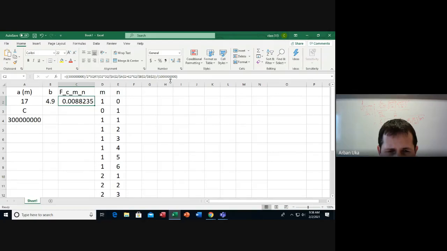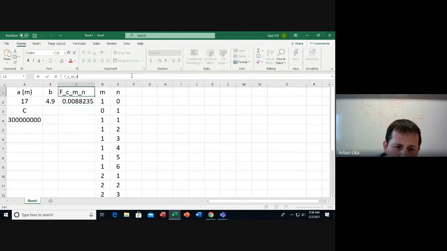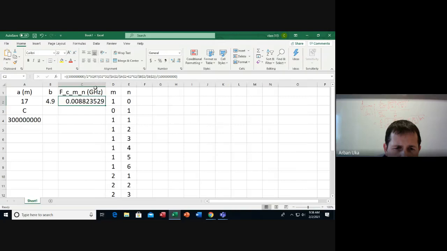Okay, what we get here, yeah, it might be correct. So then if we multiply this by 1000, this is 8 megahertz. If I'm not wrong, let me check the numbers. Yes, this is 8.8 megahertz, and I think we are good. So we have expressed this one in gigahertz. This is the unit.